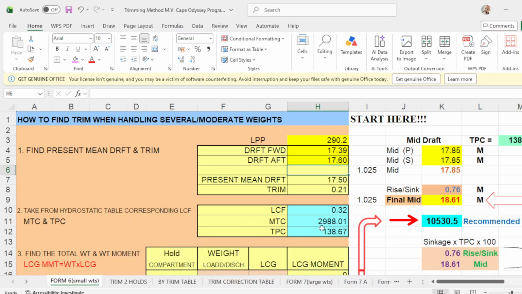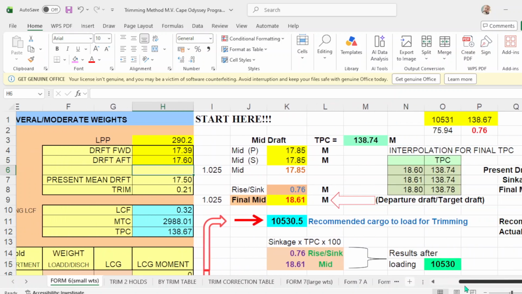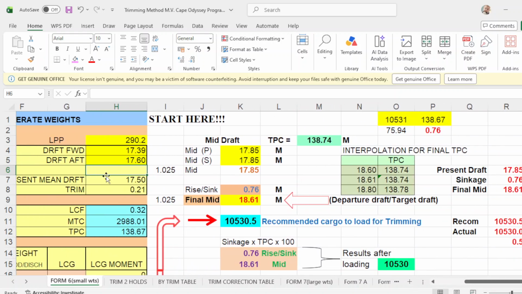Okay. Then the LCF, MTC, TPC. Okay, move aside here. Then their actual mid port reading was, say, 17.50. And the actual reading of the mid starboard is the same, 17.50. There's no list, okay?